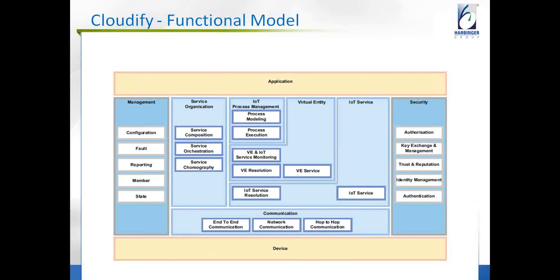And this is where, if you look at the second column in the mid row, it is talking about the service organization, where we are talking about service composition, orchestration, or choreography coming into the picture. So the service organization functional group is used for composing or orchestrating the services of different levels of abstraction.